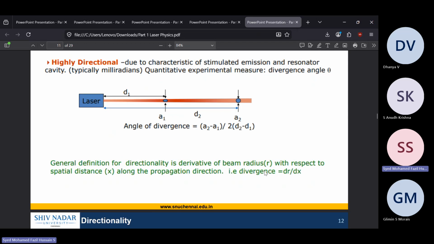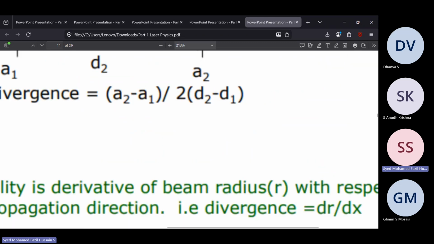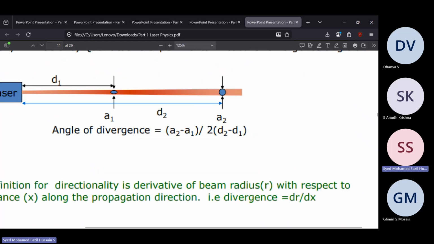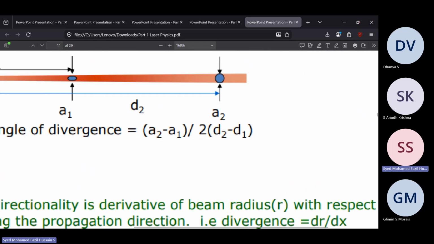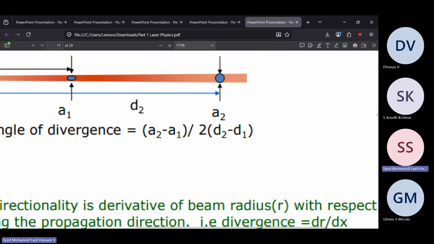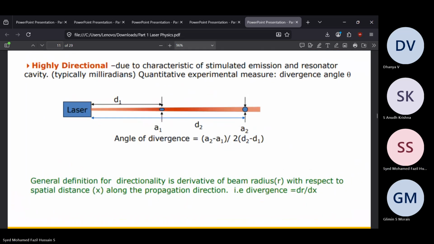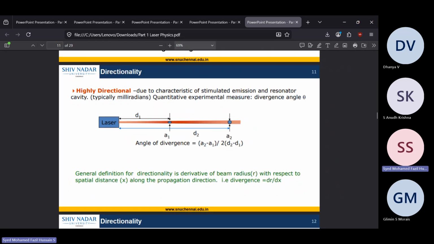The divergence is the rate of change of the radius with respect to the distance between those two points. So that is the angle of divergence here, and it will be very small, like 0.0001 in magnitude. So it will be highly directional.